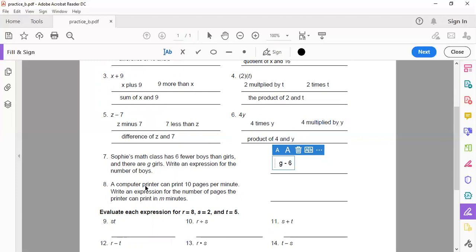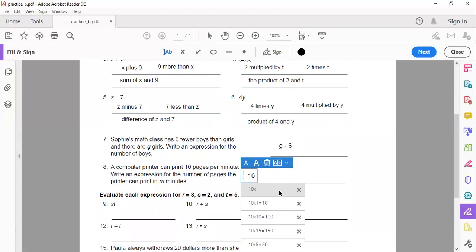A computer printer can print 10 pages per minute. Now this word per means in one. So in 1 minute it prints 10 pages. Write an expression for the number of pages the printer can print in m minutes. So in 1 minute the printer prints 10 pages, right? So to find out in 2 minutes, we are going to multiply that by 2.